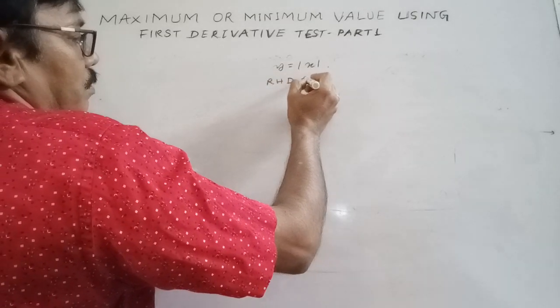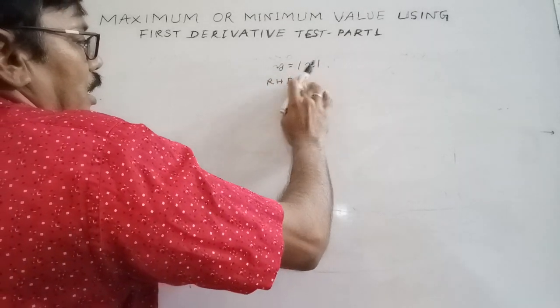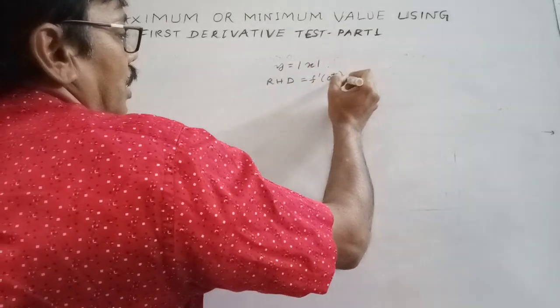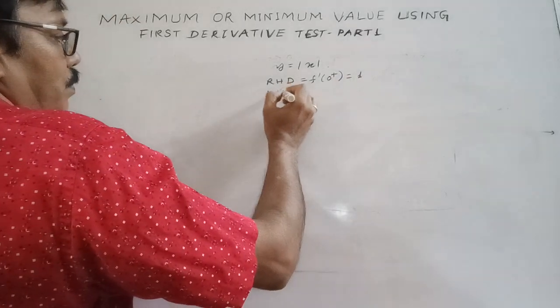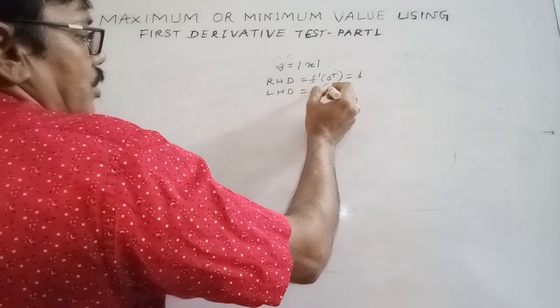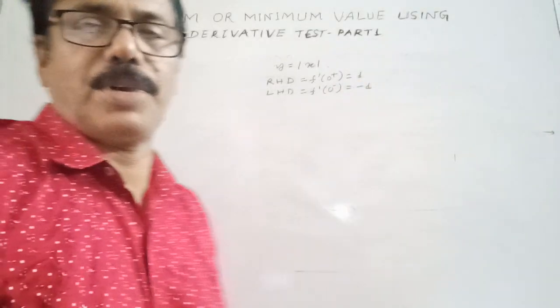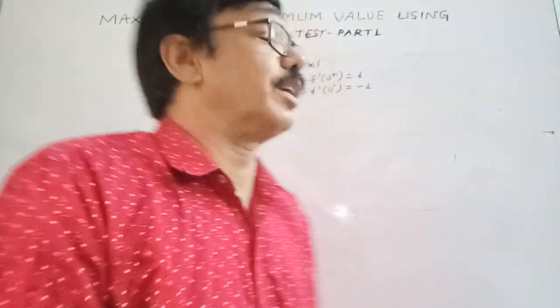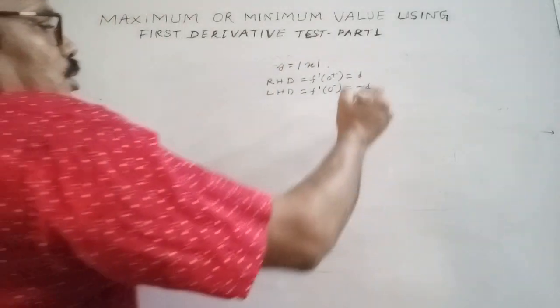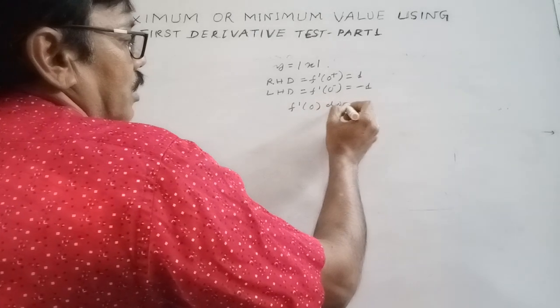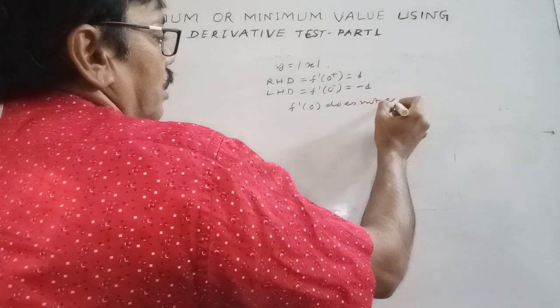Right hand derivative, that is f dash 0 plus is 1. Left hand derivative, f dash 0 minus. All of you know it from existence of derivative. I am not discussing it. So look, f dash 0 does not exist because they are not same.